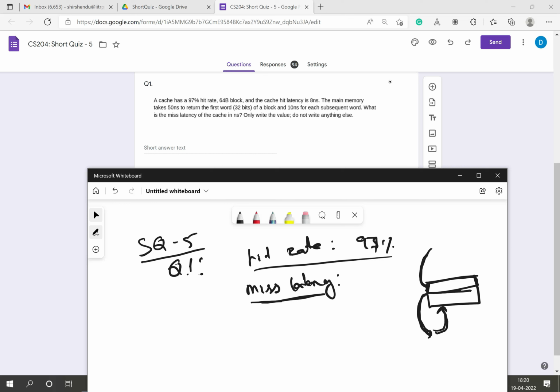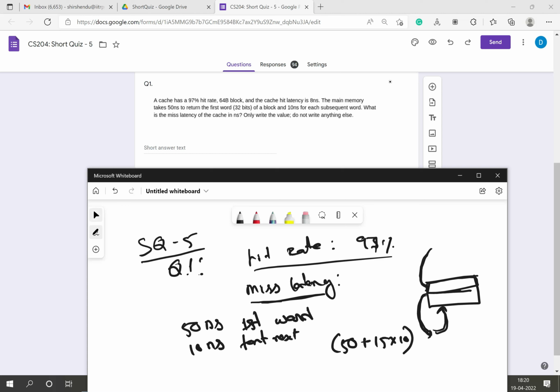So if I want to calculate miss latency here, what will be the value? The value will be 15 nanoseconds for the first word, and 10 nanoseconds for each next word. So the total value will be 50 plus 15 into 10.